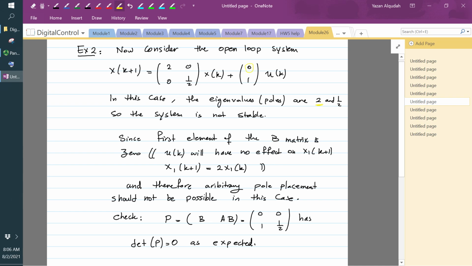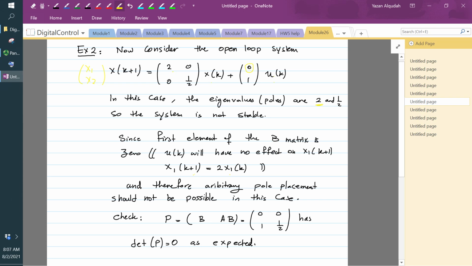And therefore, this tells me when I calculate the states, x1 of k plus 1 is going to equal 0 multiplied by u of k. So if I write the state equation for x1, where x of k is equal to x1 and x2, x1 of k plus 1 is equal to 2 multiplied by x1 plus 0 multiplied by u of k.